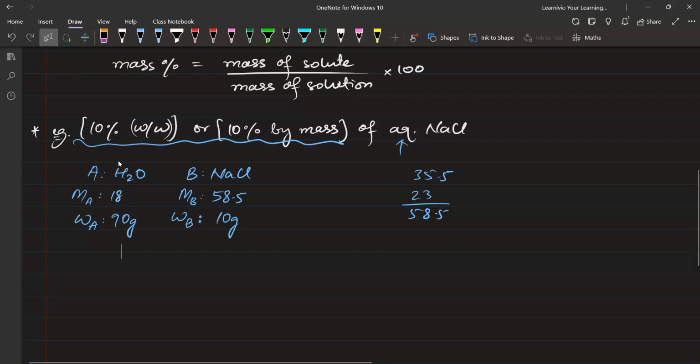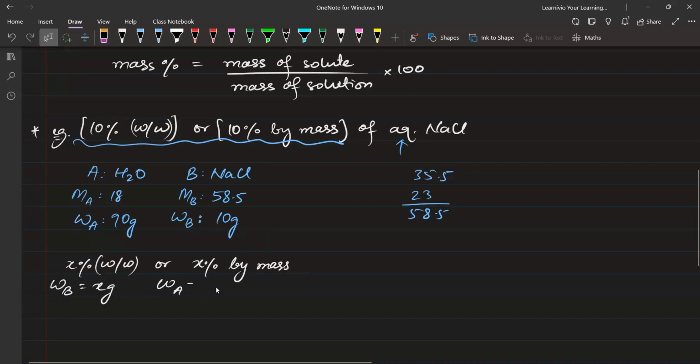So see, this is specific. For example, in this particular example, this is specific. Like in general, if I say X percentage W by W is given, or they have given X percentage by mass, then there are a few things that you can for sure write. Mass of solute will be equal to X gram.